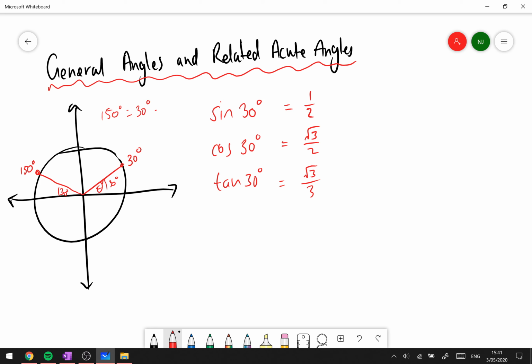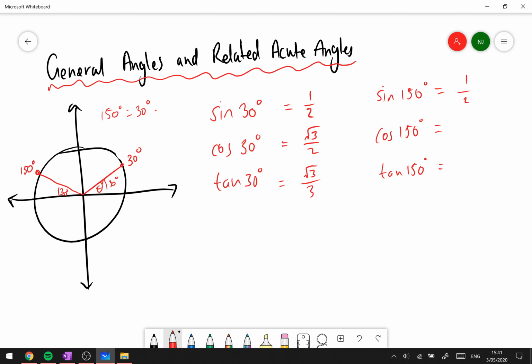So realistically, that should mean if I put sine of 150 degrees into a calculator, cos of 150 degrees into a calculator, and tan of 150 degrees into a calculator, I should get the same results back out. Let's start off with the first one, sine of 150 degrees. We put sine of 150 in, and it turns out that's also equal to 1/2. So that seems like a really good starting point.